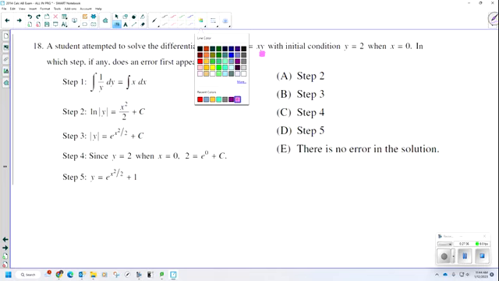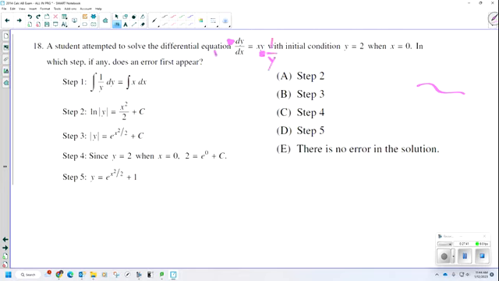So I multiply both sides by 1 over y. So I have 1 over y dy dx equals x. I've got to get rid of the dx on the left, so I'm going to multiply both sides by dx.